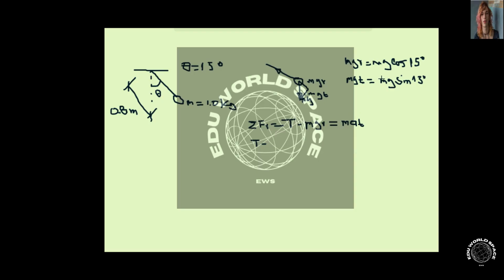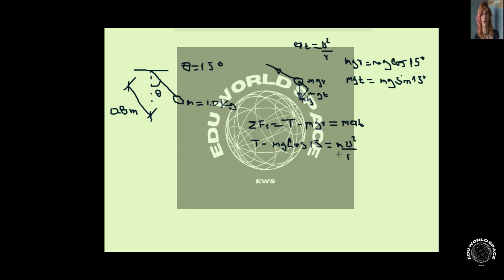So we can actually replace mgr by mg cosine 15, which is equal to, we know the acceleration is equal to v square over r. So this is going to be m v square over r.